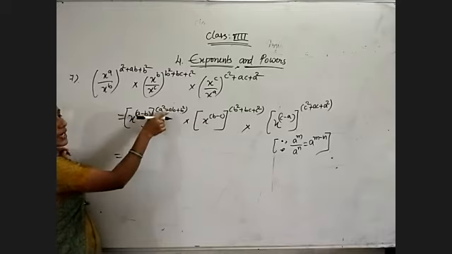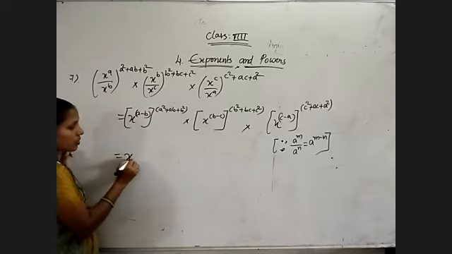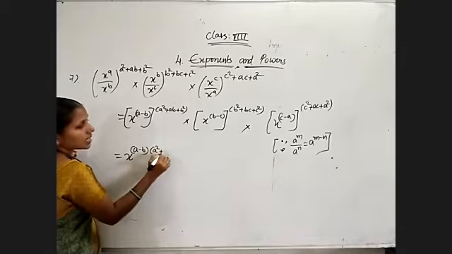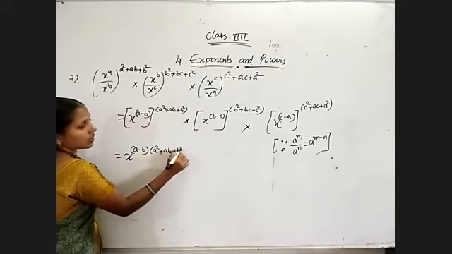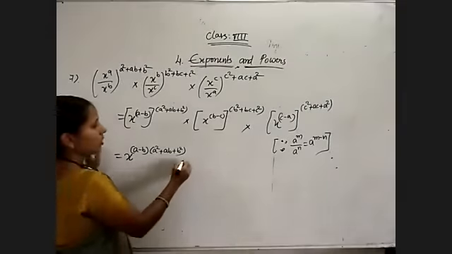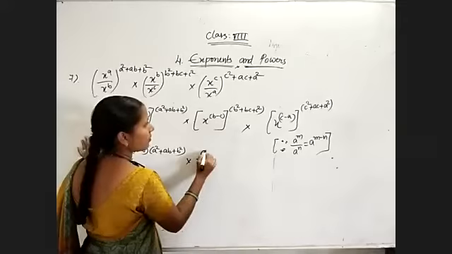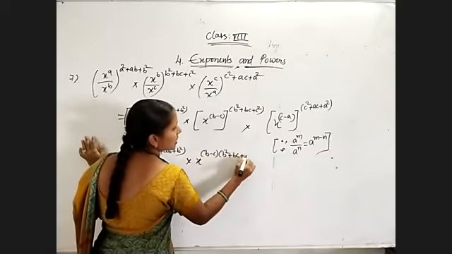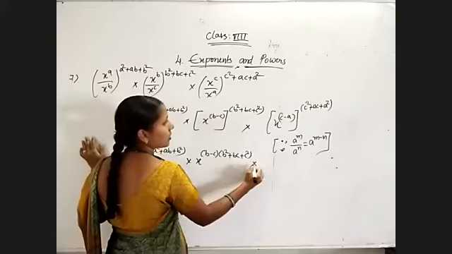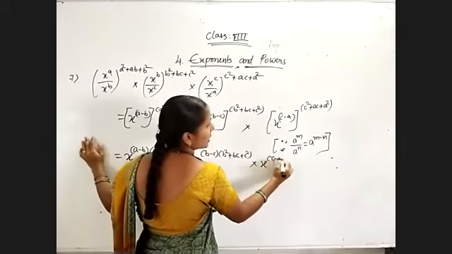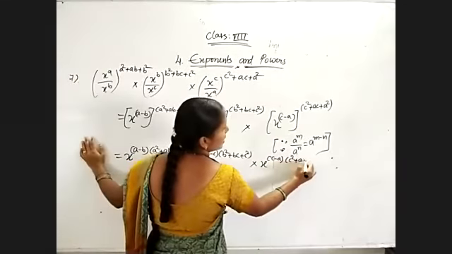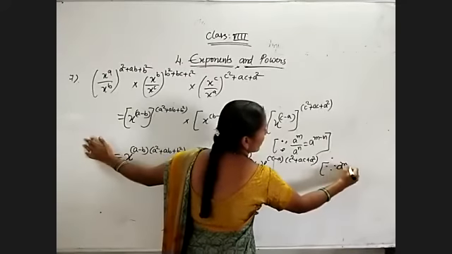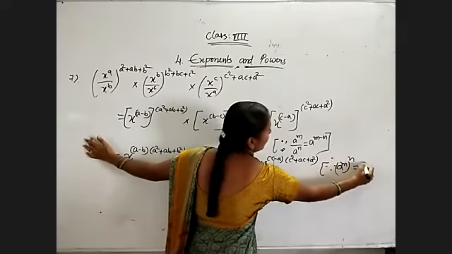So a power m into n, that is x to the power of (a minus b) into (a square plus ab plus b square), into x to the power of (b minus c) into (b square plus bc plus c square), into x to the power of (c minus a) into (c square plus ac plus a square). We got this from the relation (a power m) whole power n is equal to a to the power of m into n.